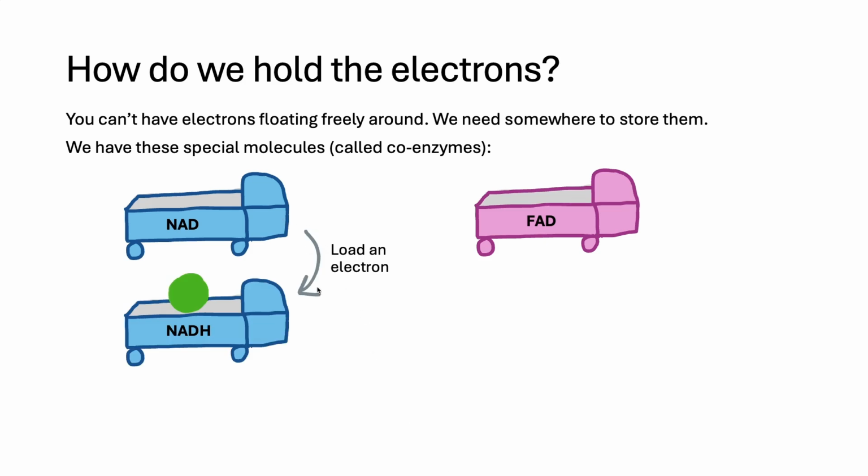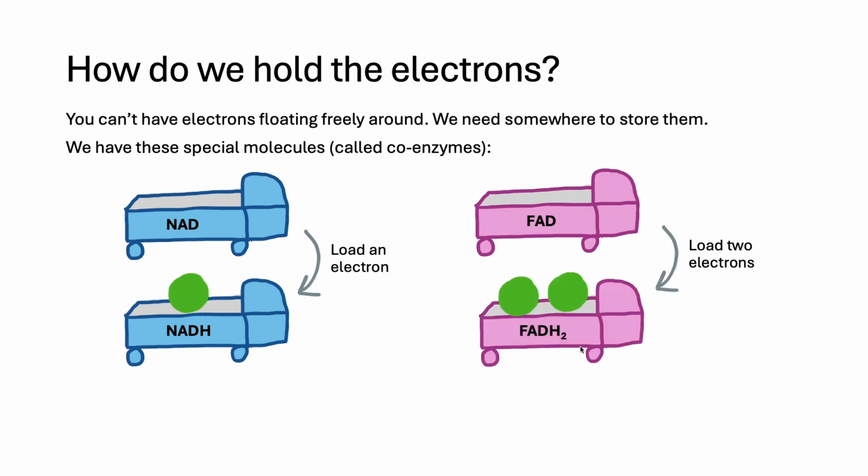Now when we load up an electron onto the NAD truck, we get NADH. Now you'll see the H here that represents hydrogen, and I just want you to think of hydrogen and electrons as roughly the same thing. If you have a hydrogen there, that represents this thing is carrying 1 electron. Same for FAD, except FAD is a slightly bigger truck and it can hold 2 electrons.